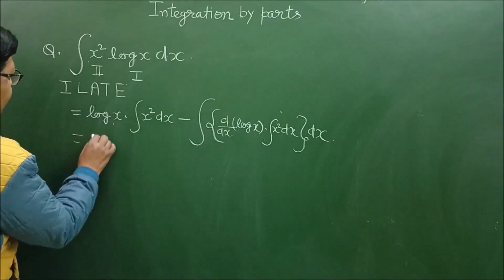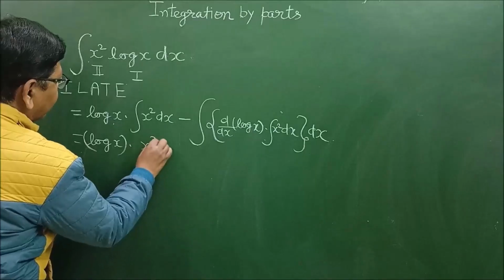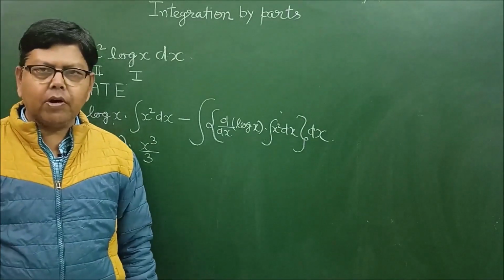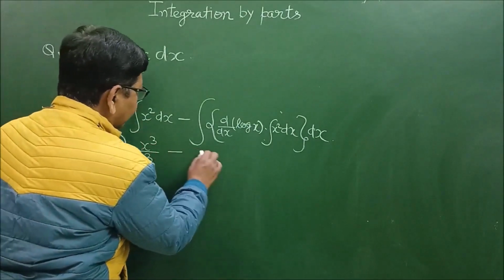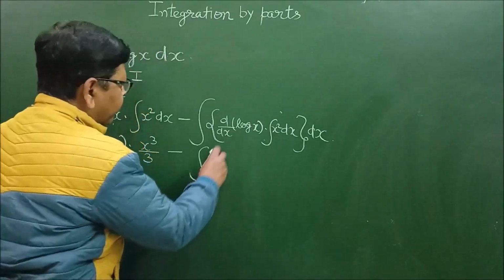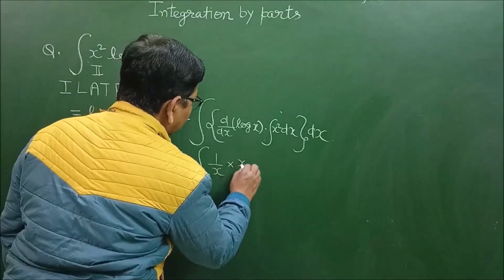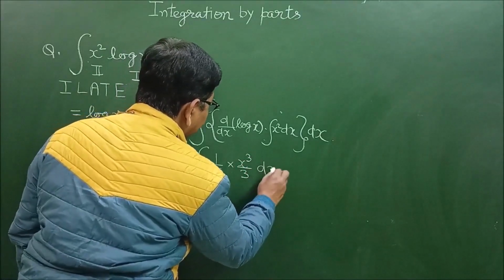Now log x into x cube upon 3, using the formula of x raised to the power n, x raised to the power n plus 1 upon n plus 1, minus the integral of d/dx of log x, which is 1 upon x, into the integral of x square dx, which is x cube upon 3, and whole integral.